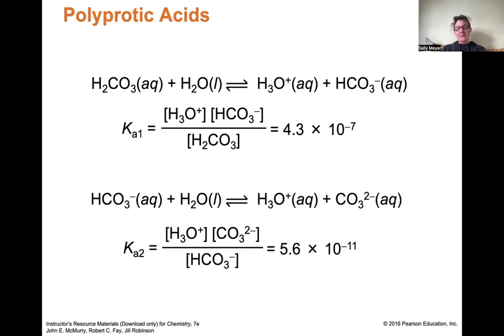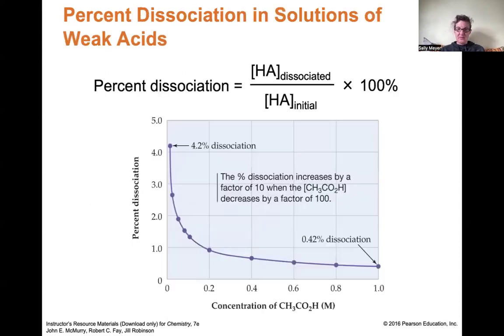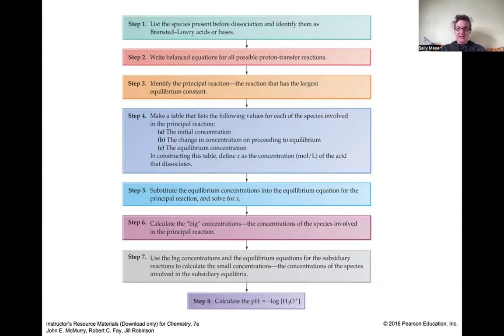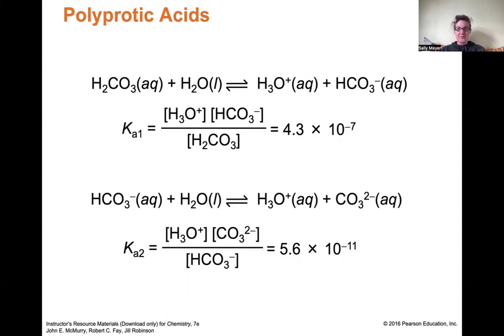So this is really where that flow chart is going to be useful. When you have a polyprotic acid, that's an acid that has more than one hydrogen on it that can make an acid. So carbonic acid, H2CO3, in the top reaction is a polyprotic acid. Both of those hydrogens can act like acidic protons. So you write the equilibrium expression. This flow chart says write the equilibrium expression for each possible proton transfer.